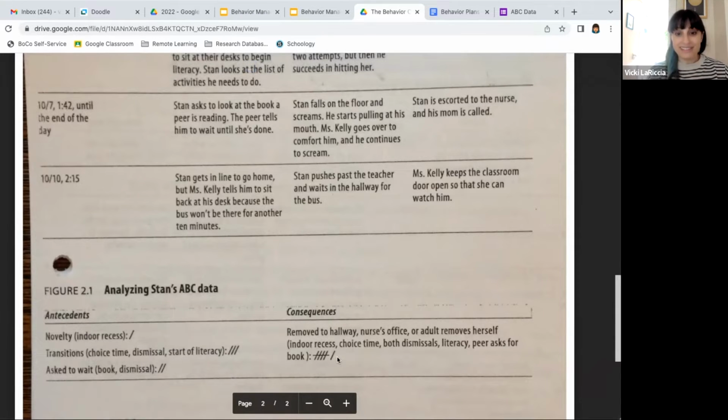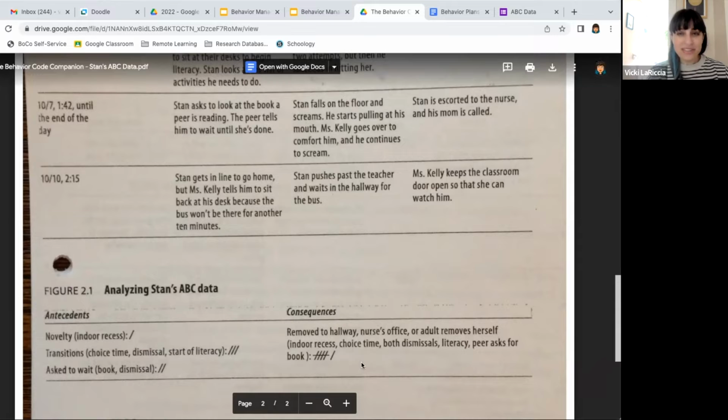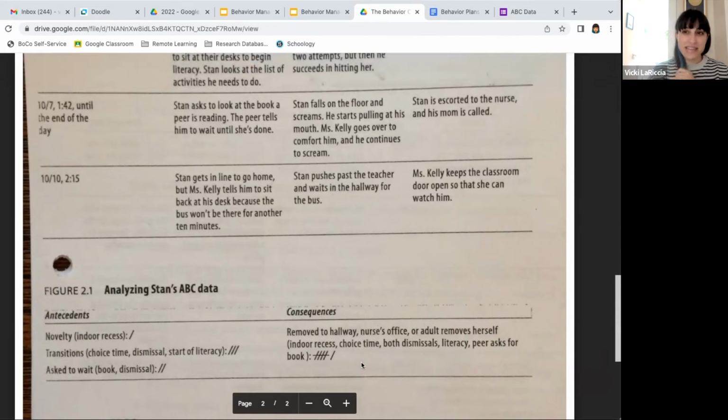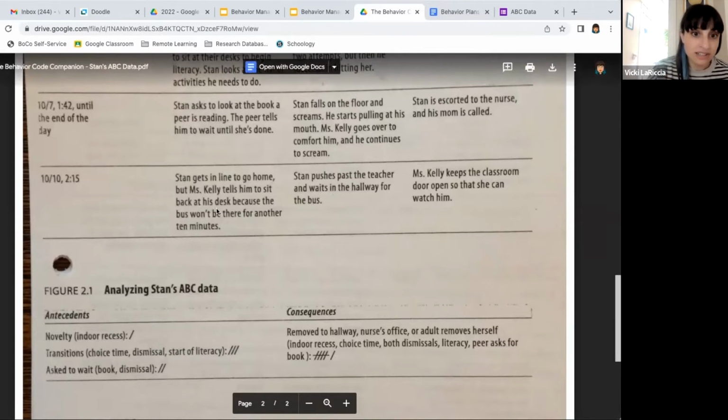So if we look at that data, what do you think the function of Stan's behavior might be if the consequences all involve being removed from the classroom or the teacher? Why might Stan be having these challenging behaviors, screaming and hurting himself and trying to hurt others?